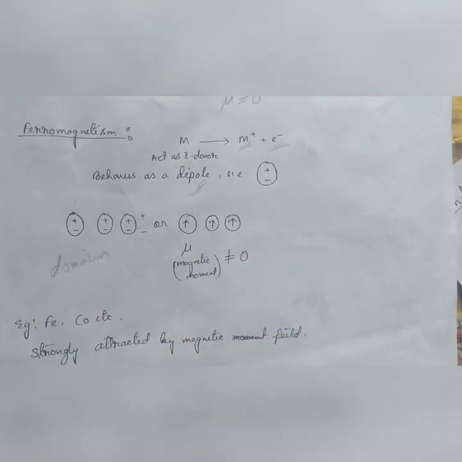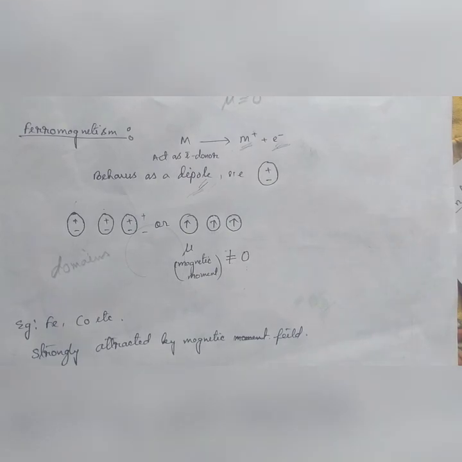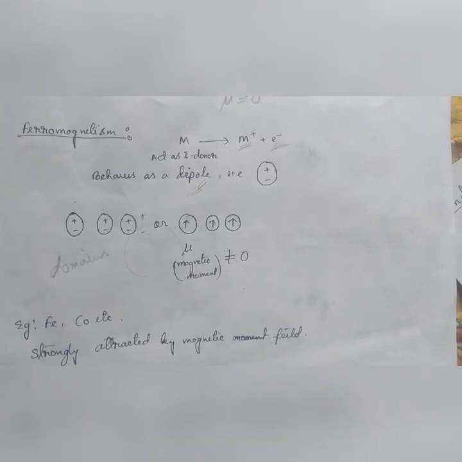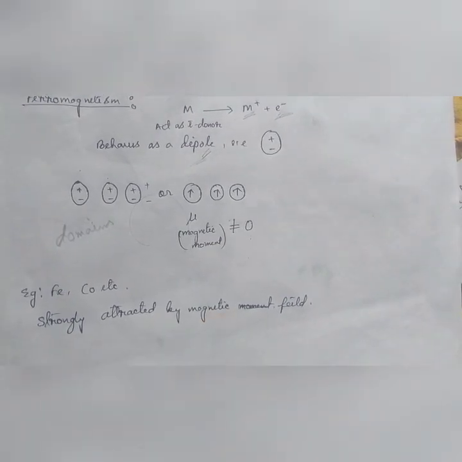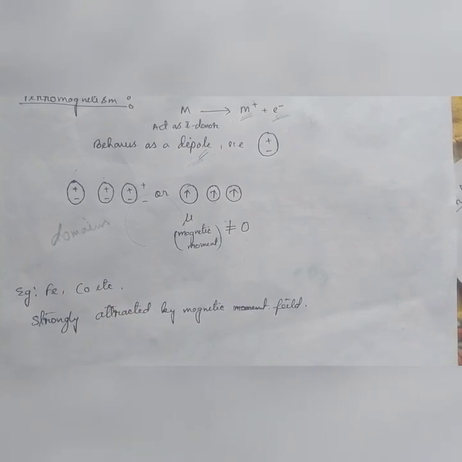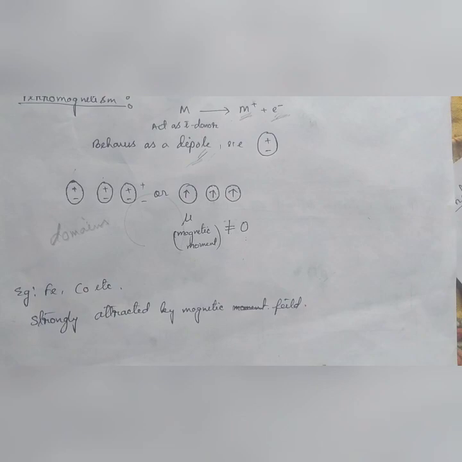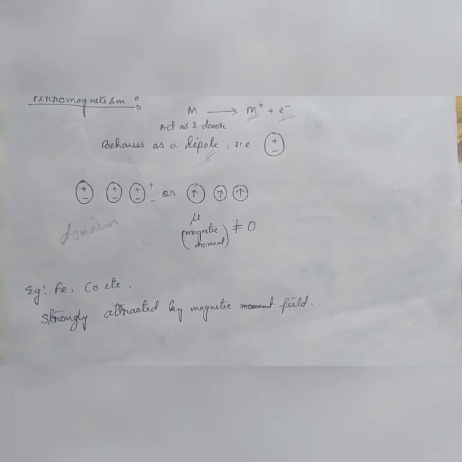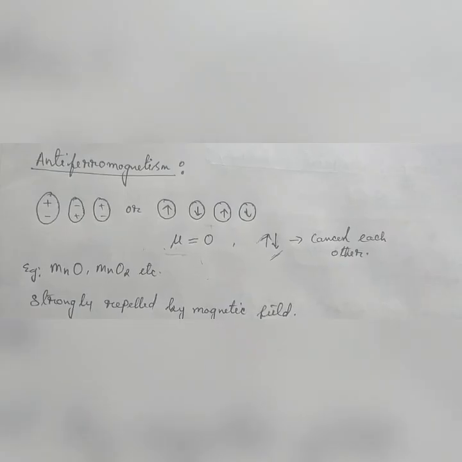Domains, meaning the group of ions which acts as a tiny magnet, because we applied the magnetic field here. So this group of ions are known as what? Domains. Okay, examples are iron, cobalt, etc. And these substances are strongly attracted by a magnetic field. So next one is what?